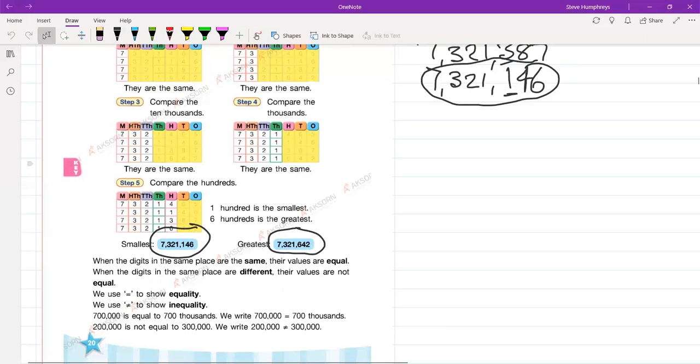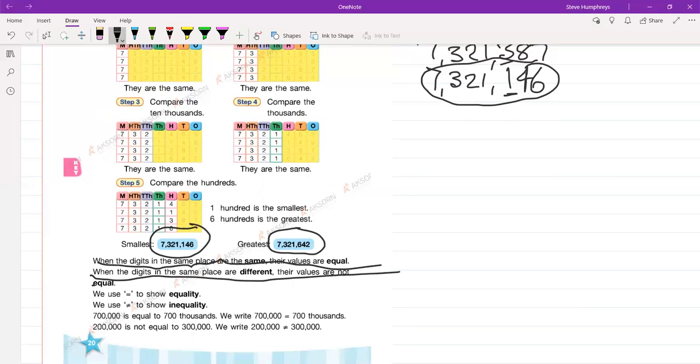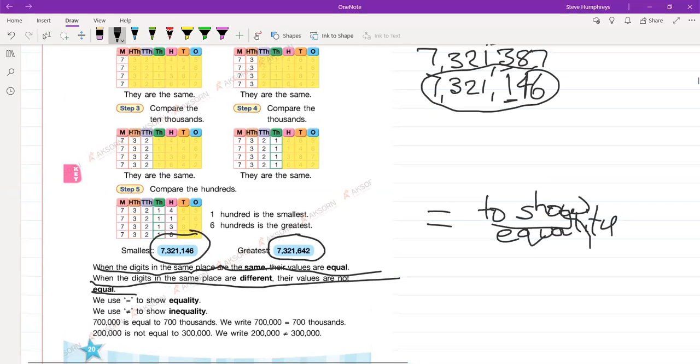Okay, what it says here: when the digits in the same place are the same, their values are equal. When the digits in the same place are different, their values are not equal. We use that symbol to show equality.